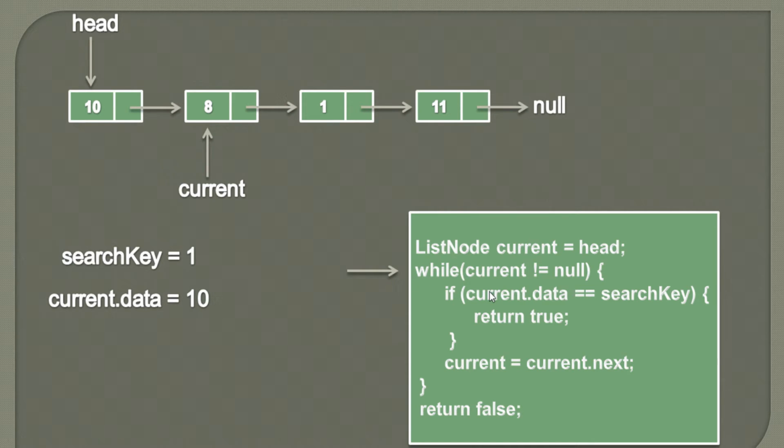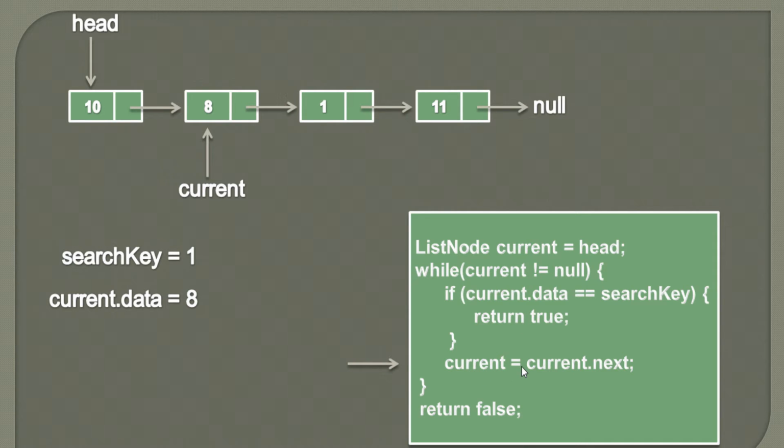Moving ahead, again in the while loop we'll check whether current is equal to null or not. Here current points to the second node, so it's not null, so it enters the while loop, and then we'll check whether current dot data is equal to the search key or not. Here current dot data points to 8, and we'll check whether 1 is equal to 8 or not. 1 is not equal to 8, so this condition comes out to be false, and we'll go to the next step.